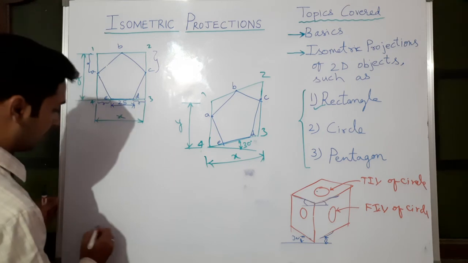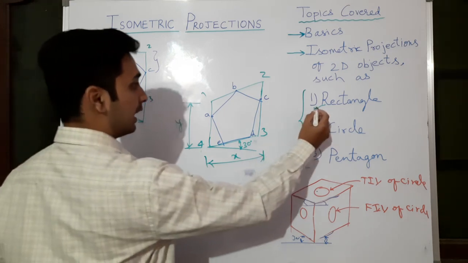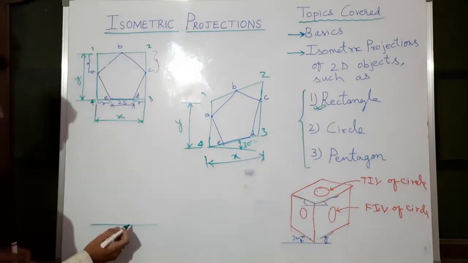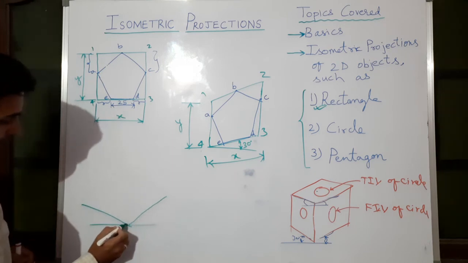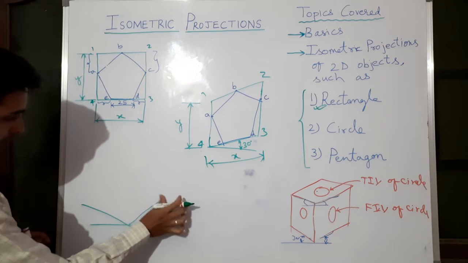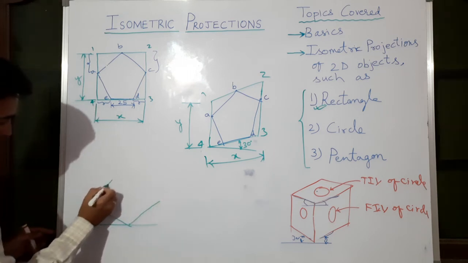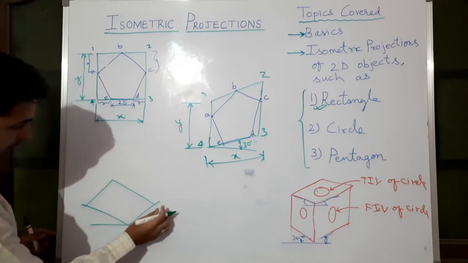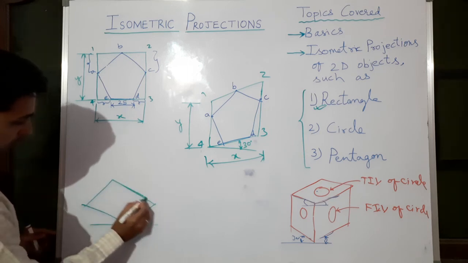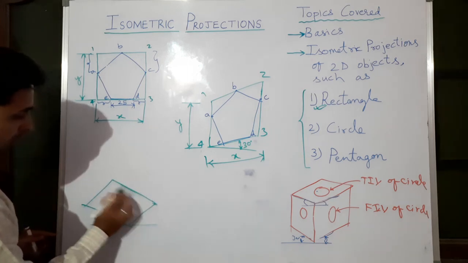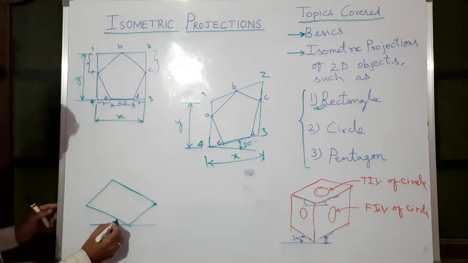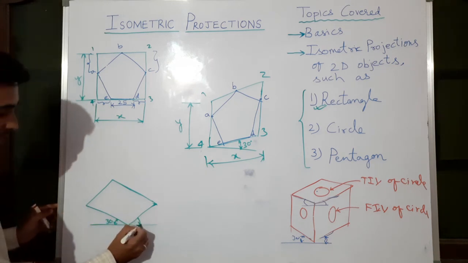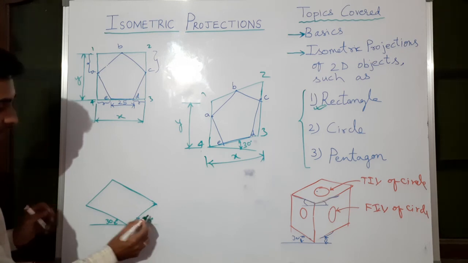Same procedure as you did for the rectangle, top isometric view. First we will draw the top isometric view of this rectangle box. Imagine the box which I have created. This is at 30 degrees, this is also at 30 degrees, both.